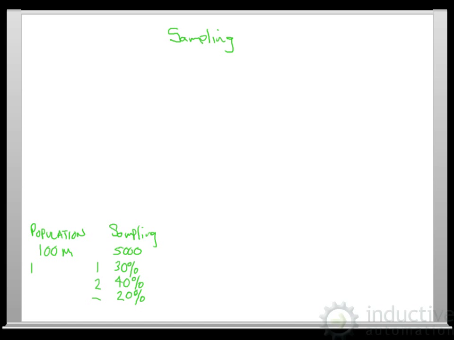So candidate 1 should be pretty close to 30%, candidate 2 pretty close to 40%, and 20% undecided. Without going through the effort of calling every single person, which isn't practical because the election would probably be over by the time they finish, they call a subset and just do a sampling, and that's going to represent that population.